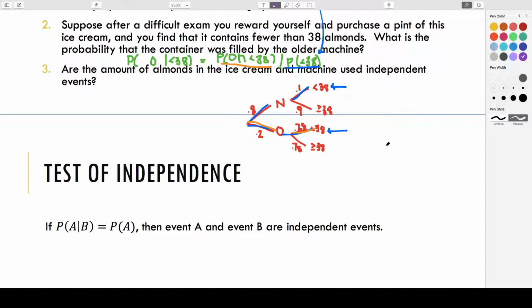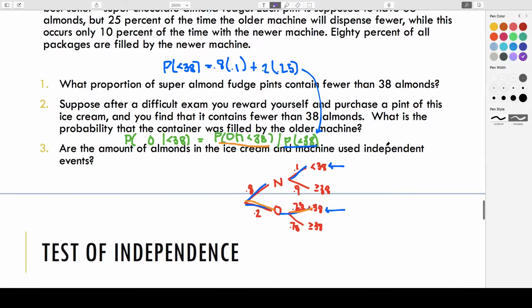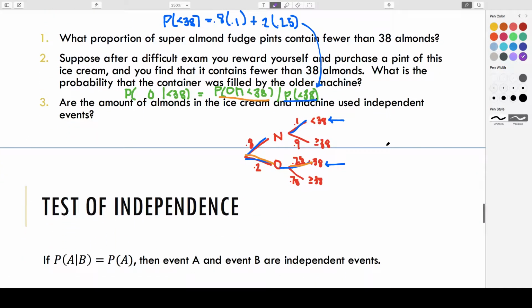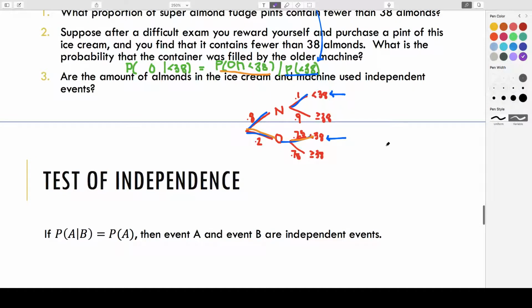That is when they ask whether there is sufficient evidence that the amount of almonds and the machine are independent. So be careful with the language there. Hopefully they'll prompt you more if they want an entire test. Plus, we've already done a lot of work for this one.